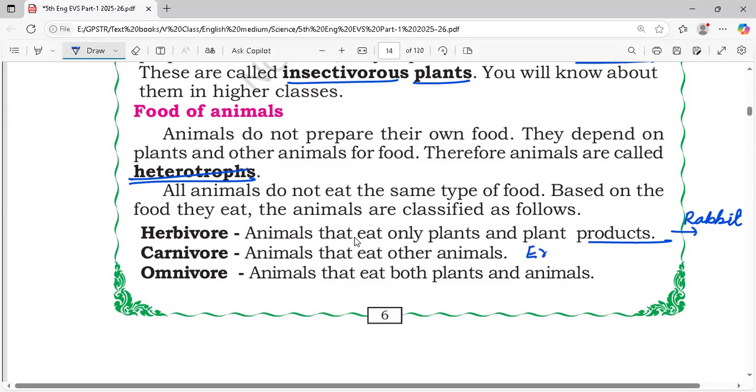Example for carnivorous is tiger, lion, cheetah, etc. Omnivorous animals eat both plants and animals. Example, human, dog, cat, etc.